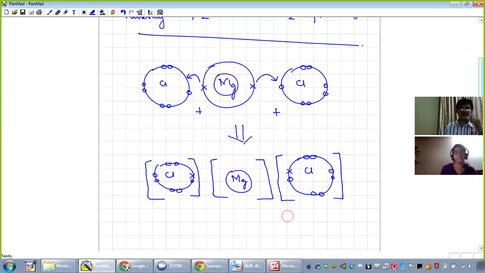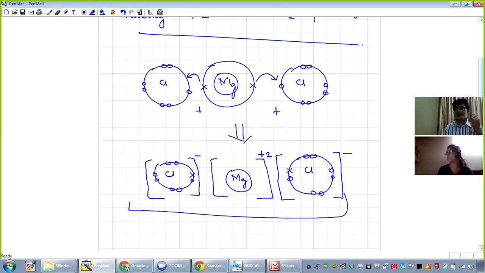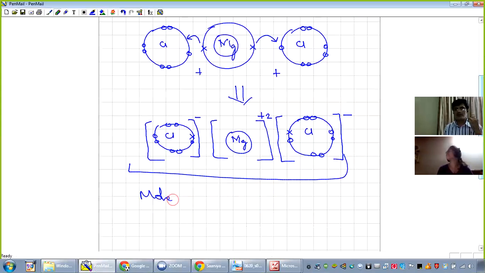What charges am I going to represent over here? Plus and minus. Magnesium is losing two electrons, so that will be +2, and this will be minus and this will be minus. This is going to be a molecule of magnesium chloride. Okay.